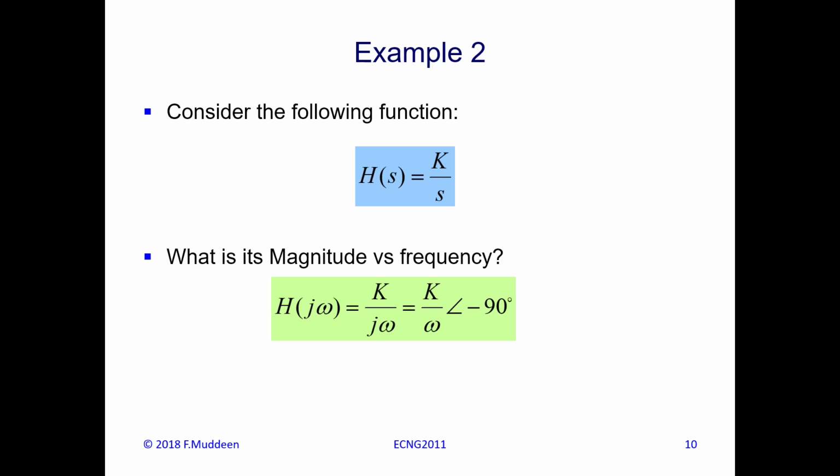For our real versus imaginary plot, you will realize that if we rationalize 1 on j, we will basically get minus j on the numerator. Rationalizing means that we multiply by j on the numerator and j on the denominator. And minus j on the imaginary plot is literally on the negative y-axis.